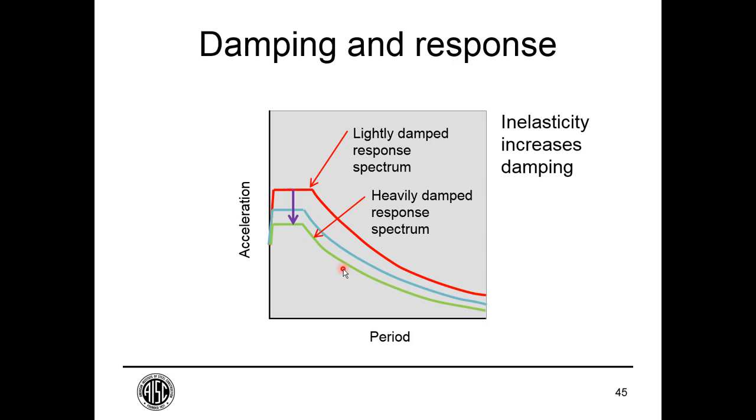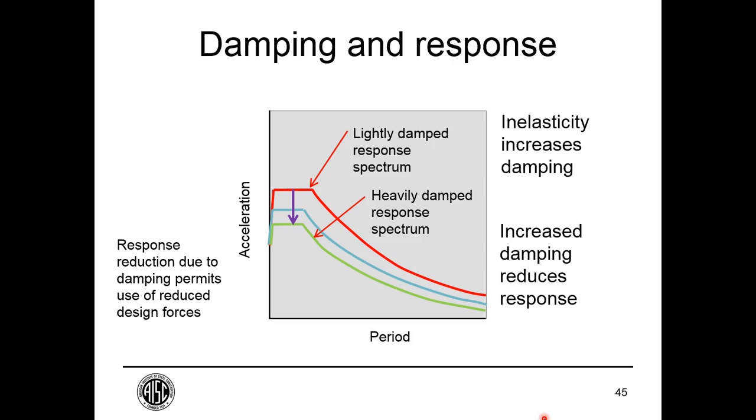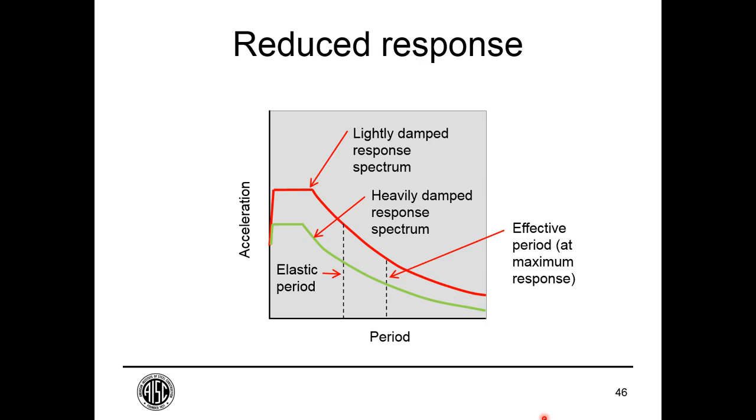As we allow different elements to yield in our response spectrum, effectively we are moving from the lightly damped spectrum to the more heavily damped spectrum. So as we increase damping, we're reducing response. As I said earlier, also as we allow the structural system to yield, effectively we are lengthening the period.